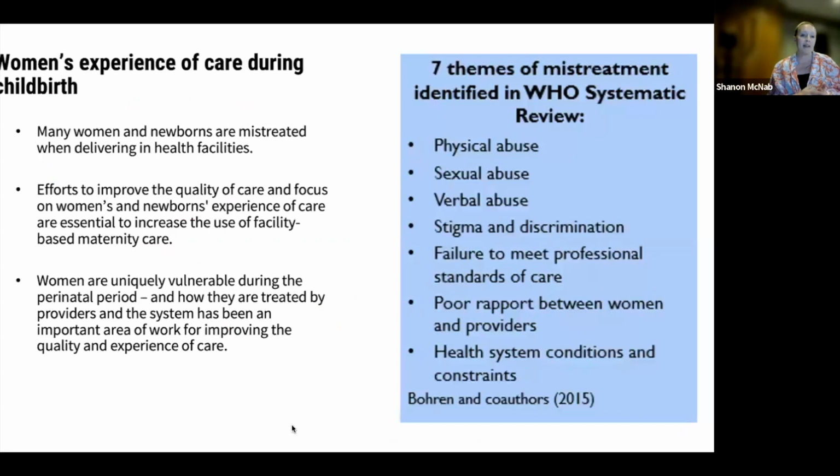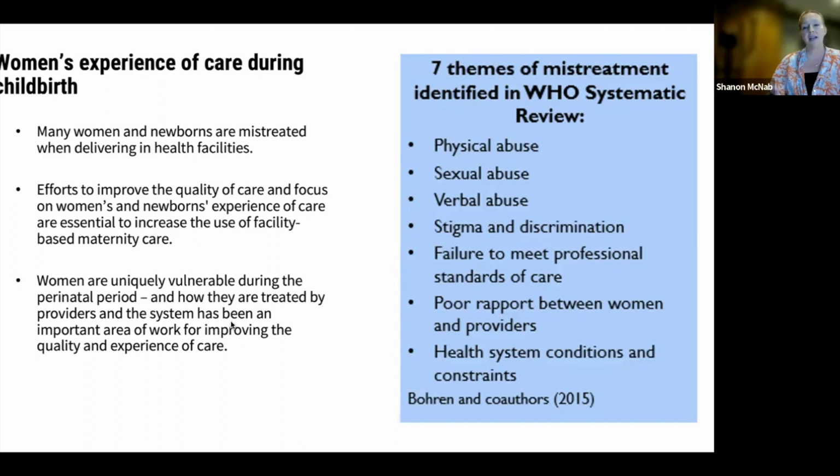The way women and newborns are treated has implications for their physical outcomes, their mental health outcomes, and, as was alluded to in Heather's presentation, their decisions to return and seek care in the future for postnatal care, for newborn care, and in any subsequent pregnancies. Much work has been done in the field for the past 14 years to understand, categorize and define what disrespect and abuse, or mistreatment, looks like. To a lesser extent, the newborn literature is growing, but we've been trying to see what it is that women are experiencing that we want to address.